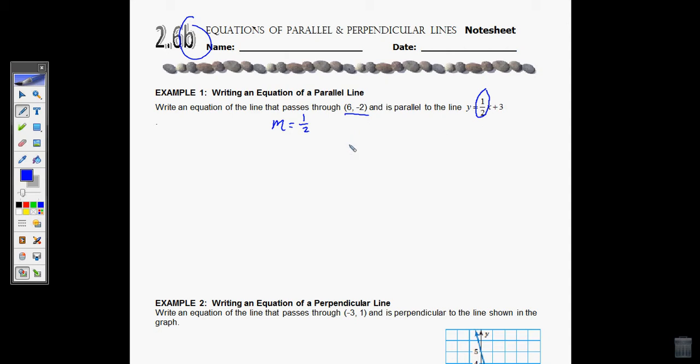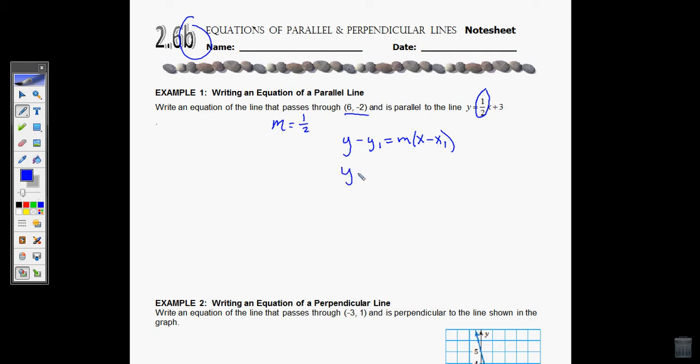Now, we just did in the last section how to create the equation of a line through a specific point with a specific slope. So should be easy enough, right? Y minus y1 equals m(x minus x1). And it doesn't say that we need to give it in any specific form, so I'm going to leave it in point slope form.